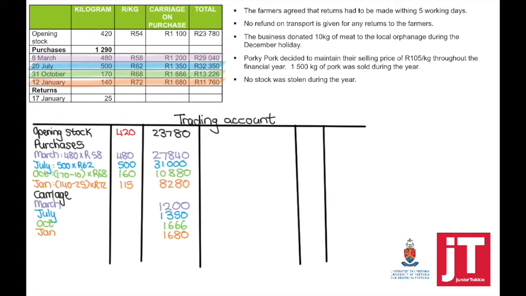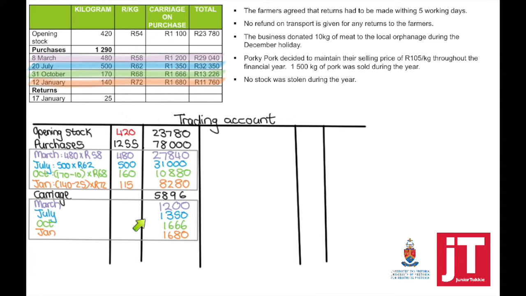There is no refund on the carriage, on the transport cost. So this means the total transport cost is going to be 1,680. Now we can calculate our net purchases and our carriage. The total of net purchases is 78,000. The number of units is 1,255.